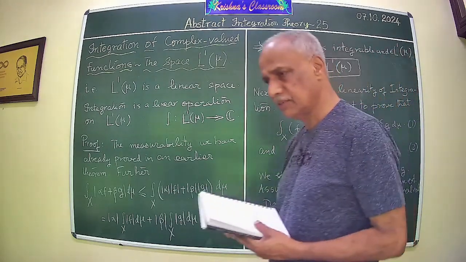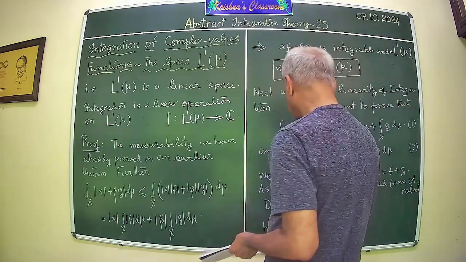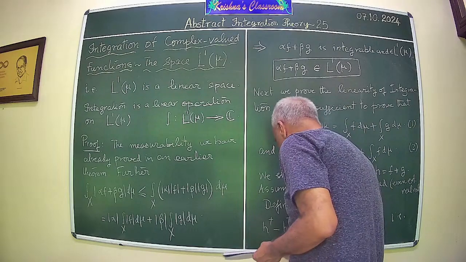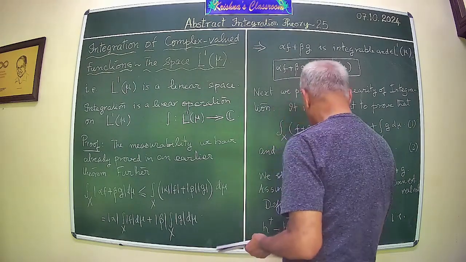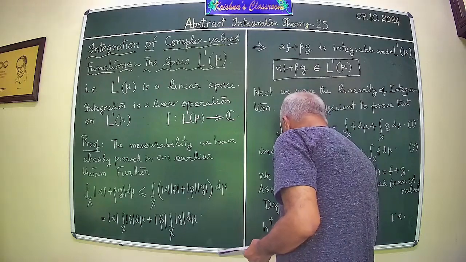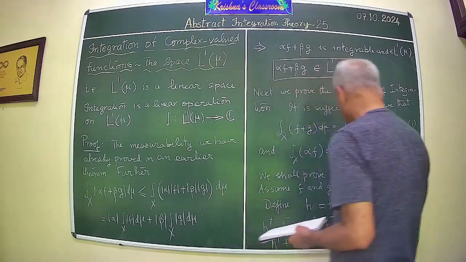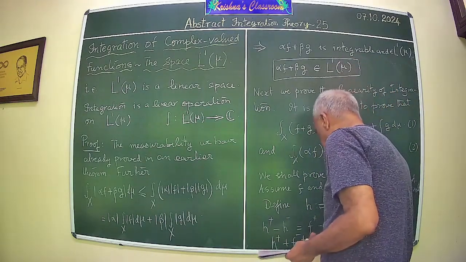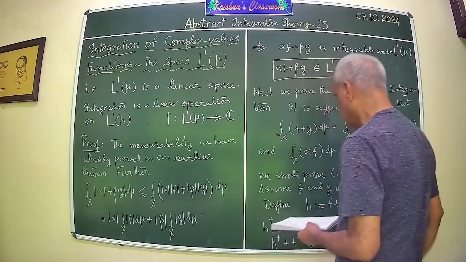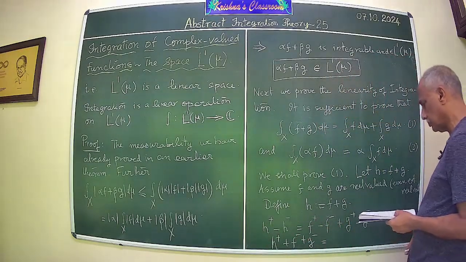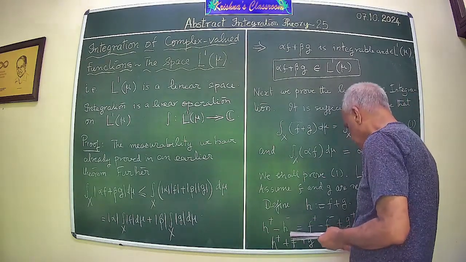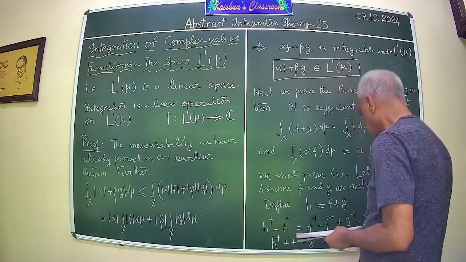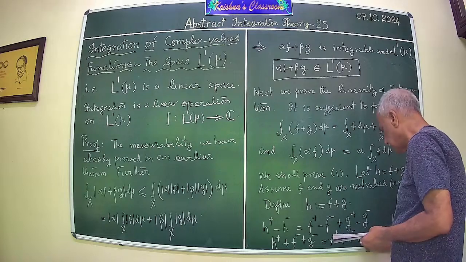Now this relation in turn gives the following, that is h plus f minus plus g minus equal to f plus h minus plus g plus.